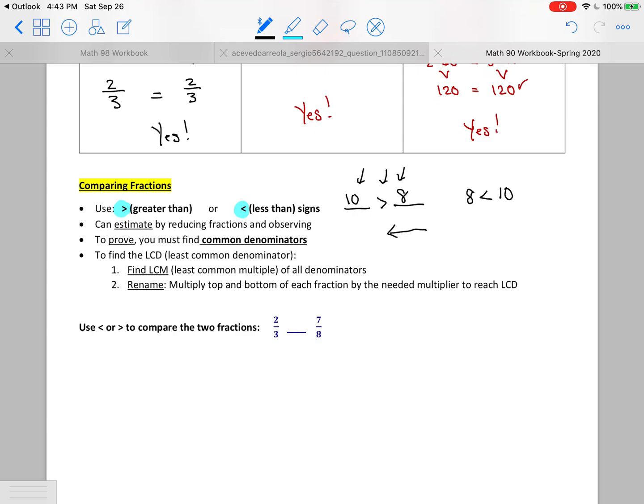So we can read it left to right or right to left, but the bottom line is that the open mouth, the greater than, is going to be facing the larger number. And that's true over here too. Or you can think of it as the opposite, that the less than sign is always pointing to the smaller number.